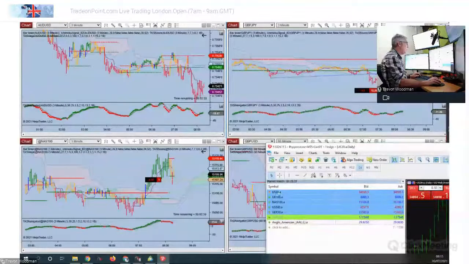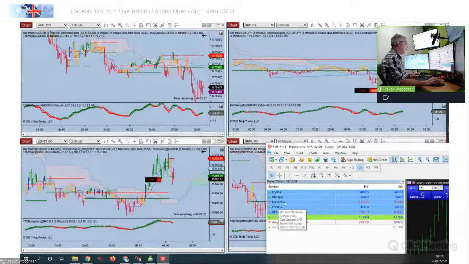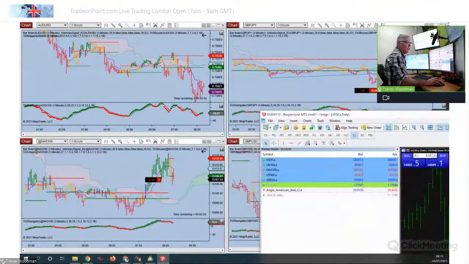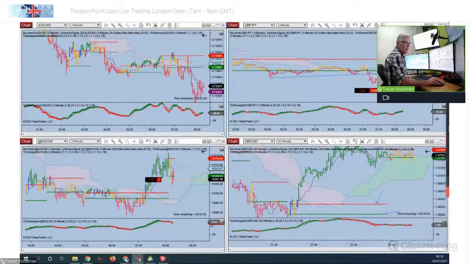You can see US 30, that's Wall Street 30, so that would be the Dow Jones. UK 100, that would be the FTSE 100. NAS 100, or Tech 100, that's the NASDAQ. US 500 is the S&P. And on this one, it's GR as well, probably the German index, because it's a CFD. There's a big difference between a CFD and a future. US Tech, yeah, that'll be it.